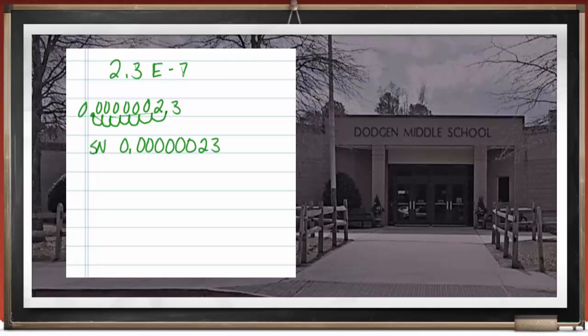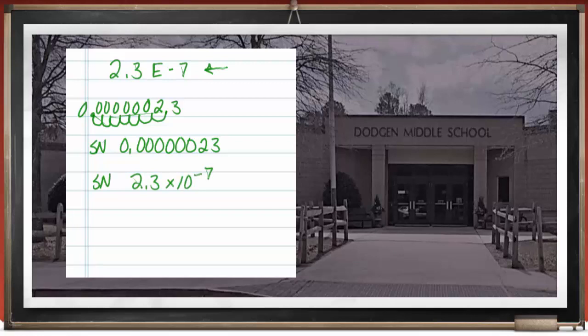Now for our scientific notation, since we started out with a calculator notation, writing it in scientific notation is a piece of cake. That's going to be 2.3 times 10 to the negative 7th.